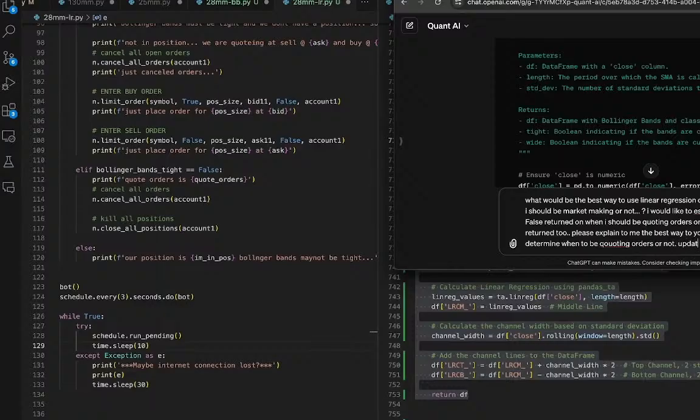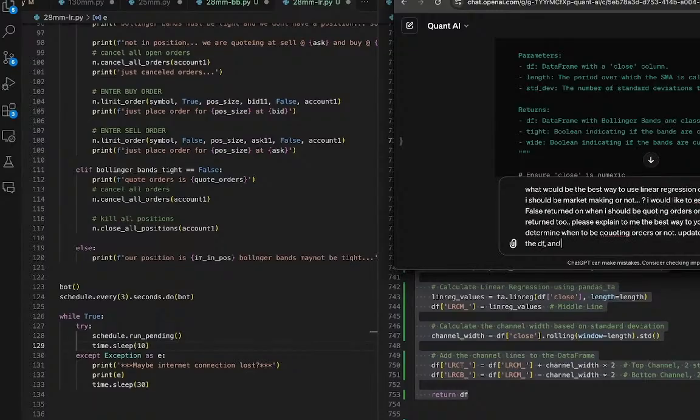Update the below code to return the DF and two variables that are true.